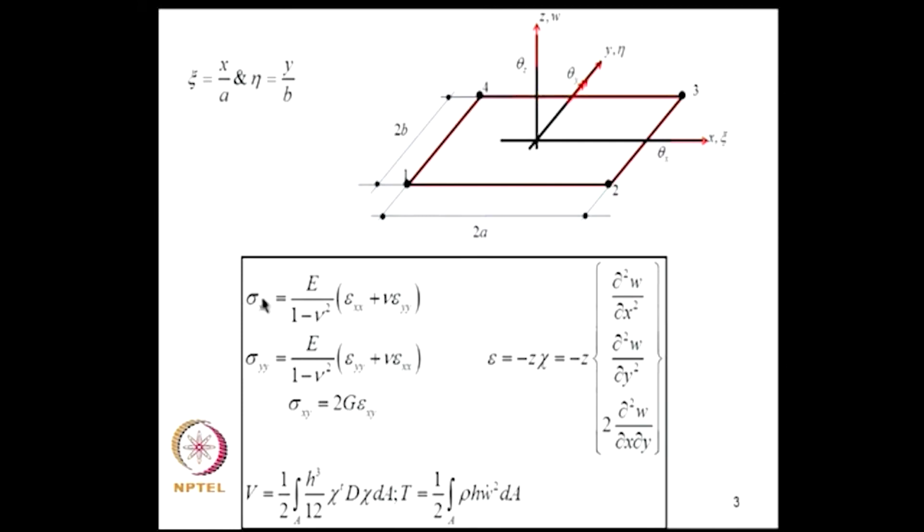There are 3 stress components that enter our formulation, and the strains themselves are given in terms of curvatures as shown here. So, the strain energy stored in the plate is obtained in terms of the curvature and the matrix that relates stress and strain, and similarly the kinetic energy is given by this expression, and in the kinetic energy only the displacement component W enters our formulation in this model.